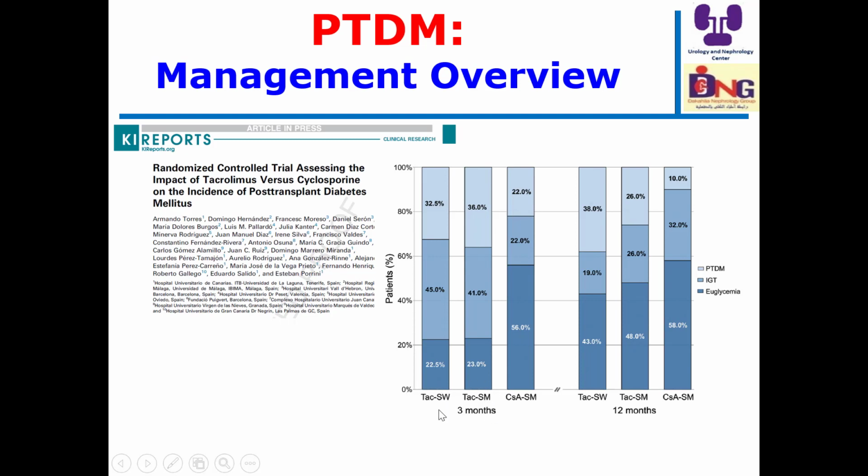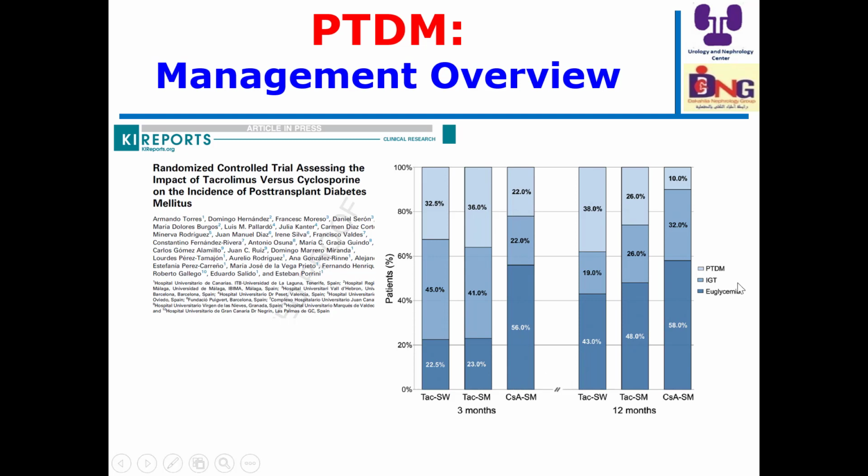With steroid withdrawal, as we do in our center, we stop steroid after a week of transplantation in the majority of cases of low immunological risk, using tacrolimus and mycophenolic acid. And this minimization is to continue on a small dose of steroid, and this is cyclosporin and steroid minimization, because I don't agree about cyclosporin and steroid withdrawal.